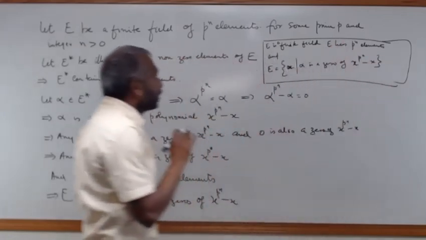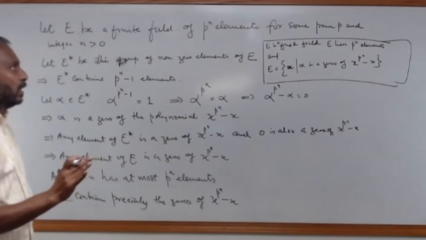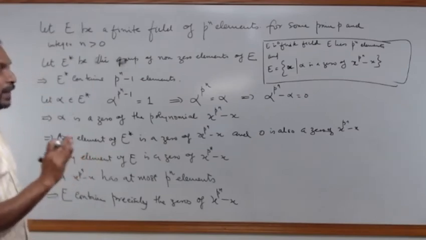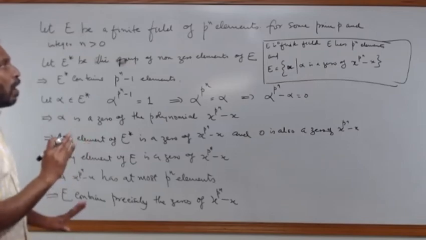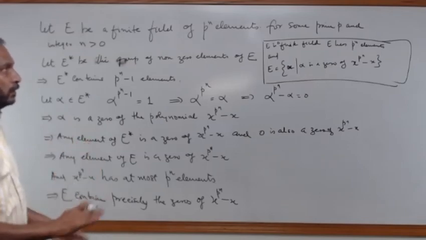So we totally defined that finite field. It has got p to the power of n elements, and we know all the elements of that field.